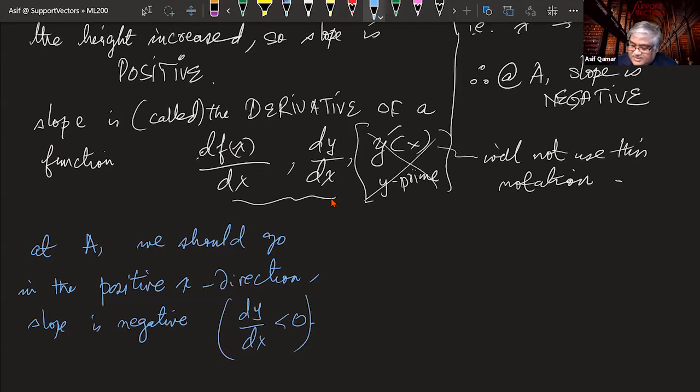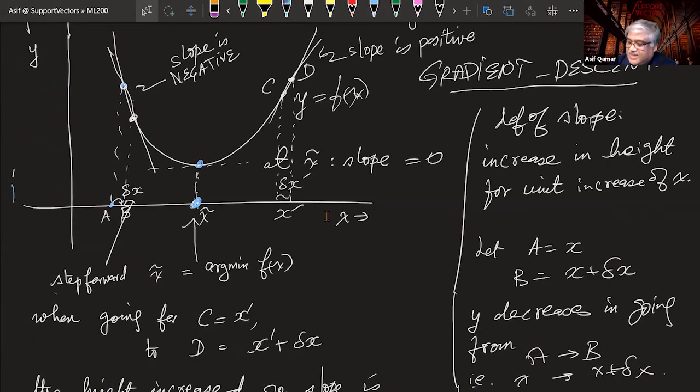What about C? Let's go back and look at C. If you are at C, guys, do you want to go in the positive x direction or negative x direction to decrease y?